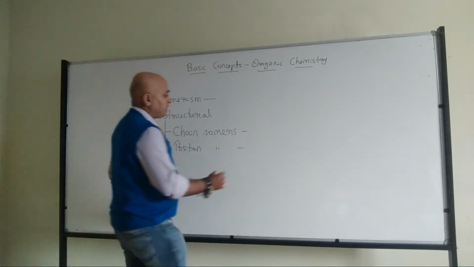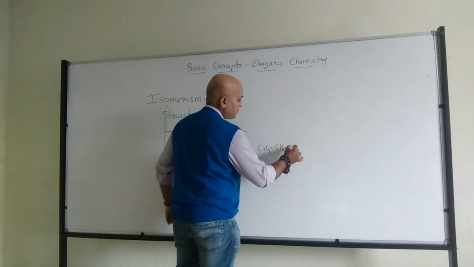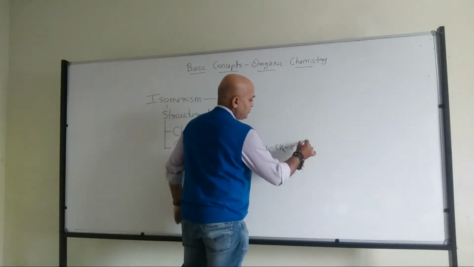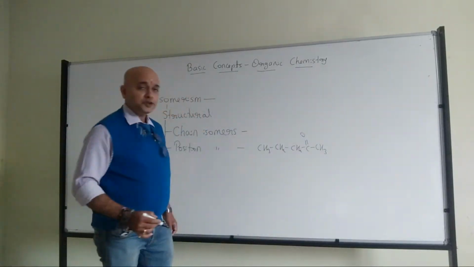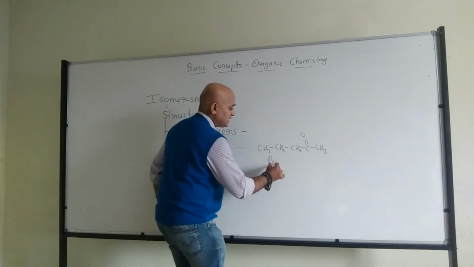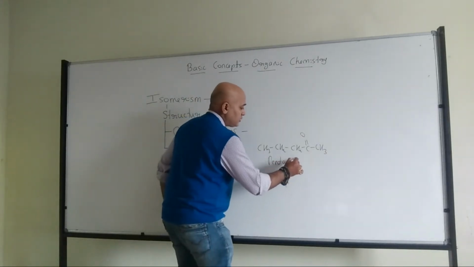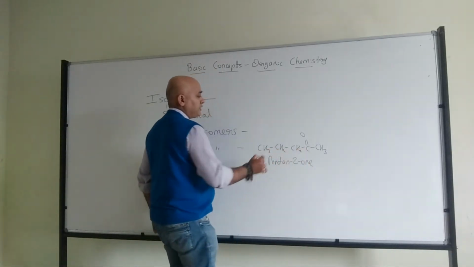See, for example, I have CH3, CH2, CH2, CO, CH3. So this is the molecule. What is the name of the molecule? The name is pentan-2-one. So 1, 2, 3, 4, 5.